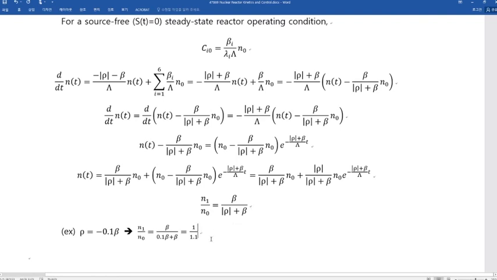When we insert positive reactivity, then of course we need to solve the equation, but it is expected that we are going to see almost a 10% increase in the magnitude of the prompt jump.